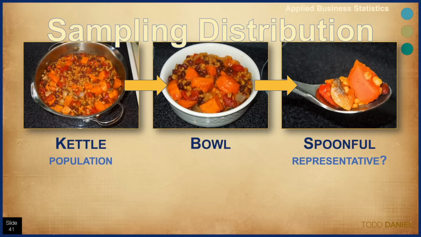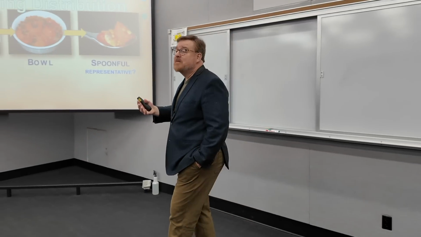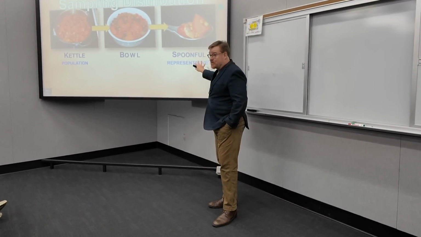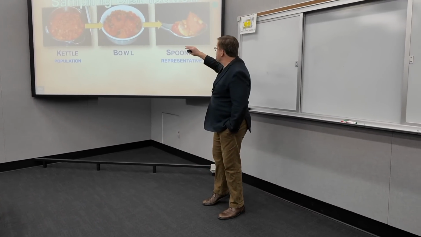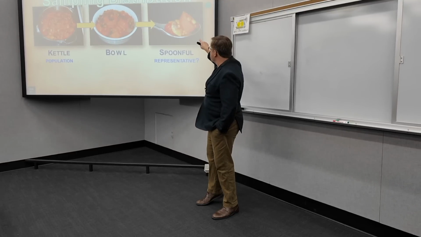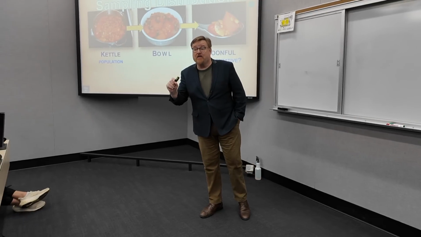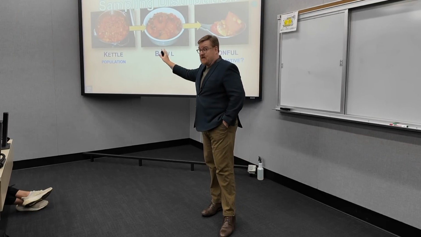So what does that mean? It means that every element that is in the population is represented in the spoonful. So if the stew includes barley and potatoes and mushrooms, each one of those elements is contained in that spoonful.